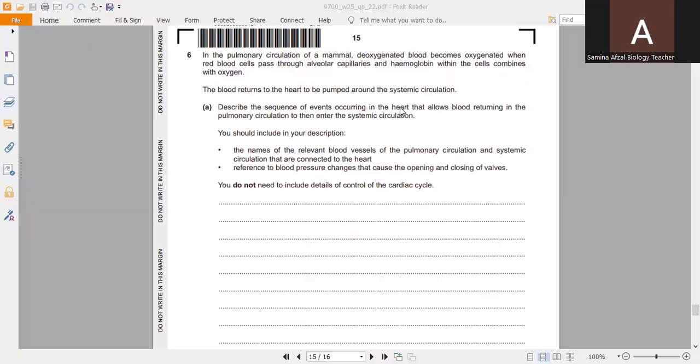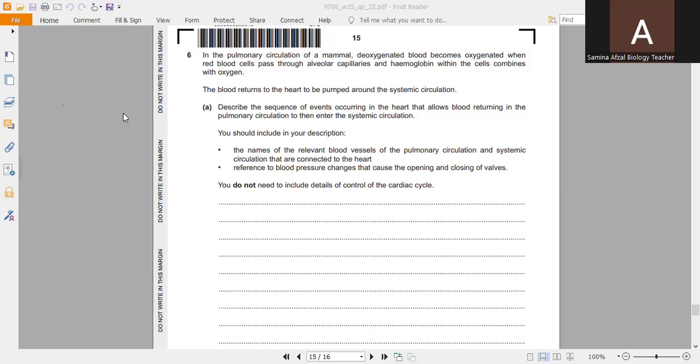In the pulmonary circulation of a mammal, deoxygenated blood becomes oxygenated when red blood cells pass through alveolar capillaries and hemoglobin within the cells combines with oxygen. The blood returns to the heart to be pumped around the systemic circulation.